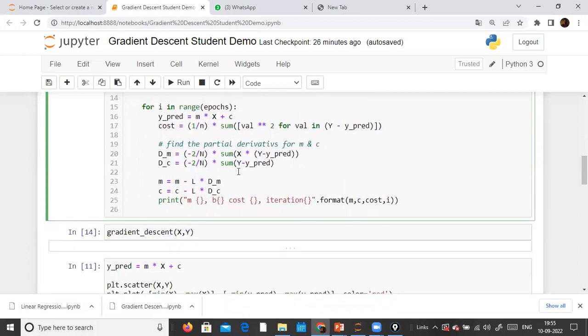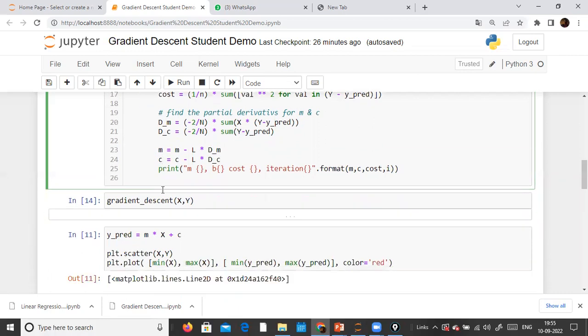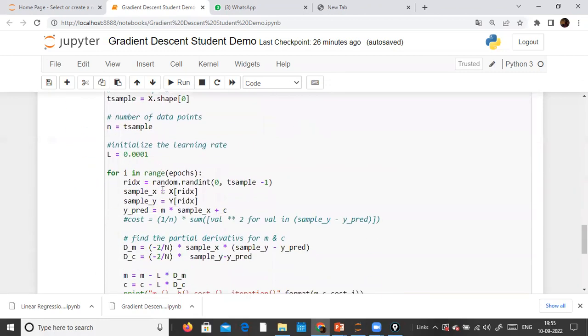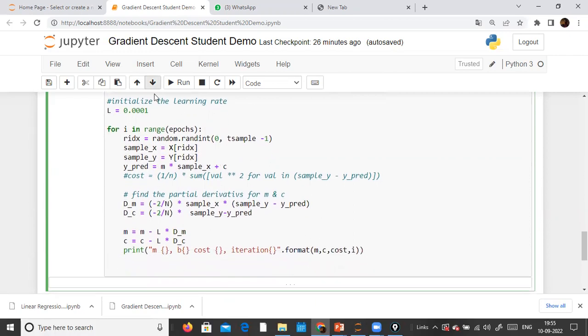This is also called vanilla gradient descent, and some people call it batch gradient descent, because for each iteration we are using the entire data to compute the new value for MNC. And in the case of stochastic gradient descent, for each iteration we are taking only one randomly sampled record. That's it. The implementation is slightly different.